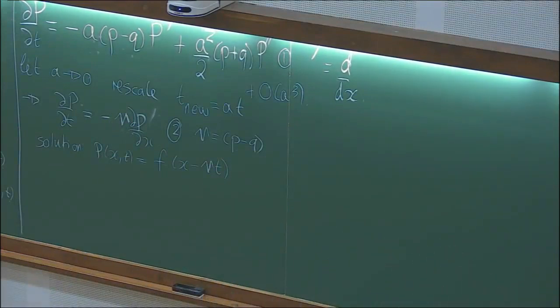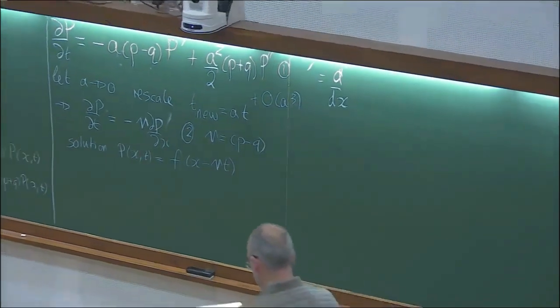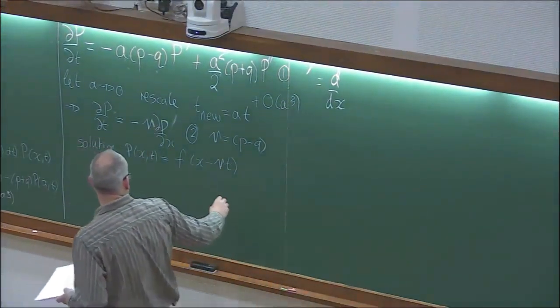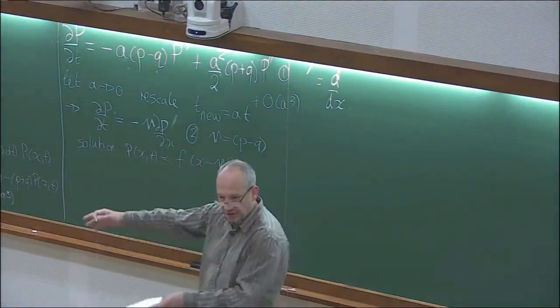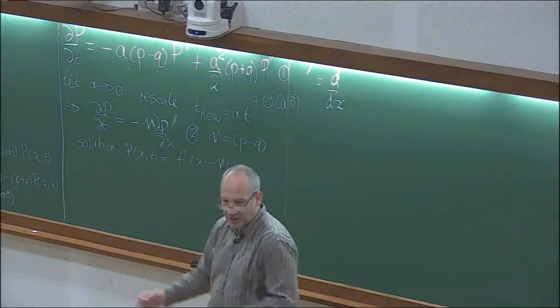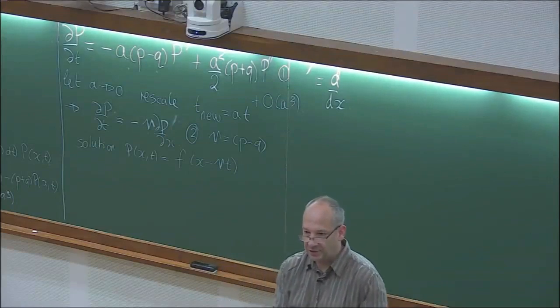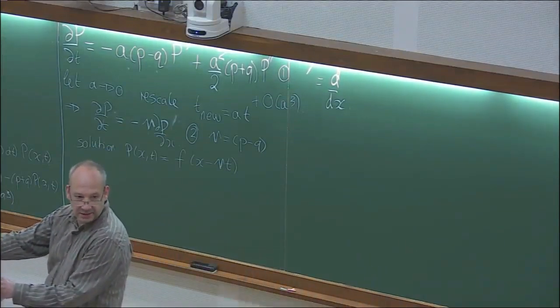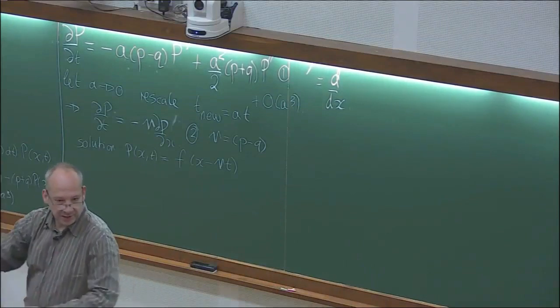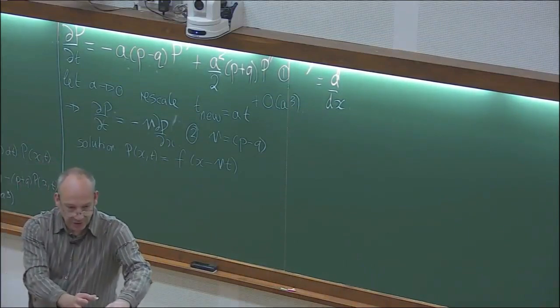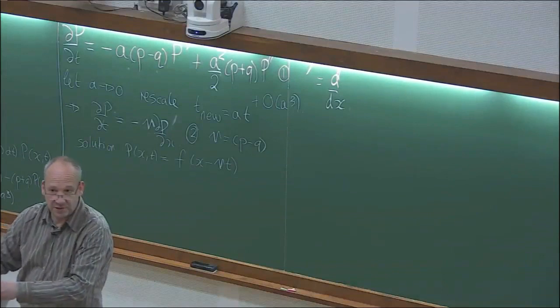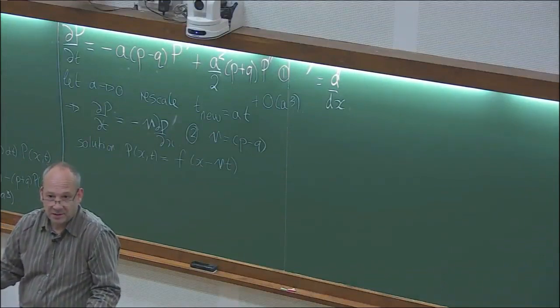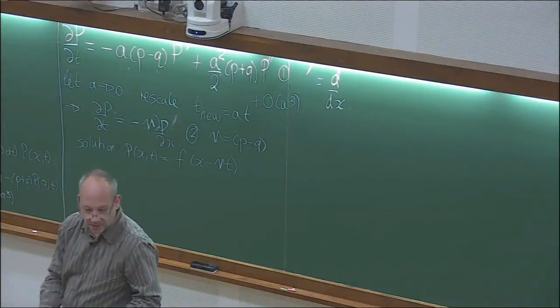What that actually means is what I call a ballistic solution. This is actually just a translation. All that happens with this solution is that the initial condition is just translated in space as time goes on. The initial distribution just moves forward with velocity v, and nothing happens. So it's a deterministic or ballistic solution.